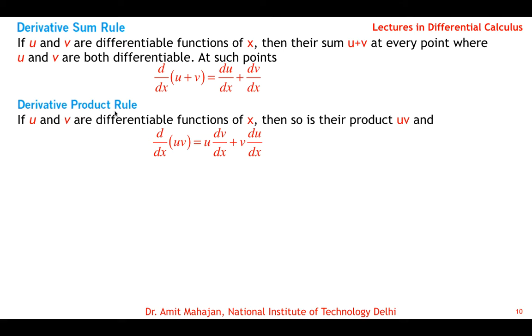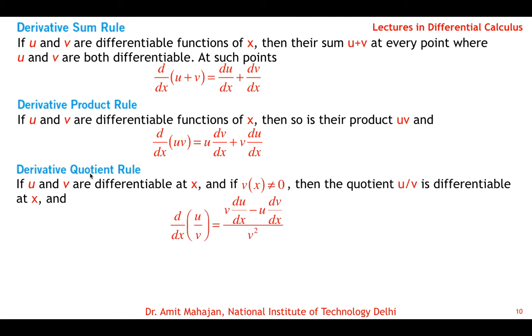The derivative product rule: if u and v are differentiable functions of x, then so is their product uv, and we write that the derivative of the product uv is u times the derivative of v with respect to x, plus v times the derivative of u with respect to x. So this is the derivative product rule.